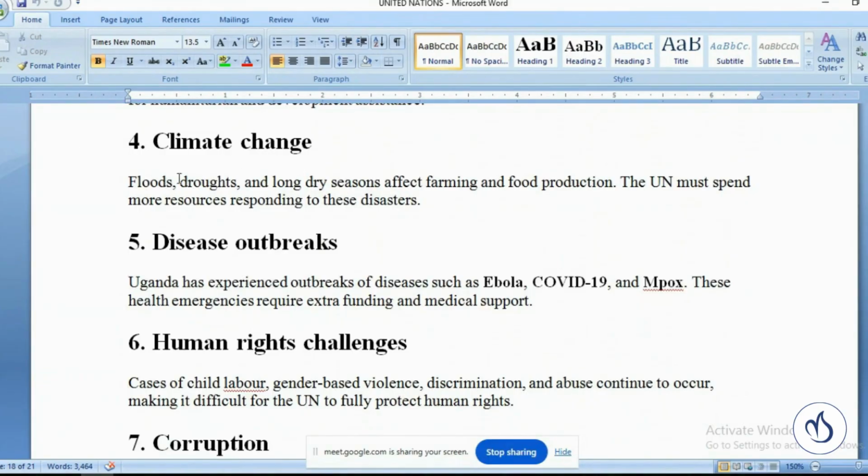Climate change, food droughts, and the long dry seasons. For example, we had sunshine last time for almost today. Rain is raining on our side, but we had a problem of prolonged sunshine.